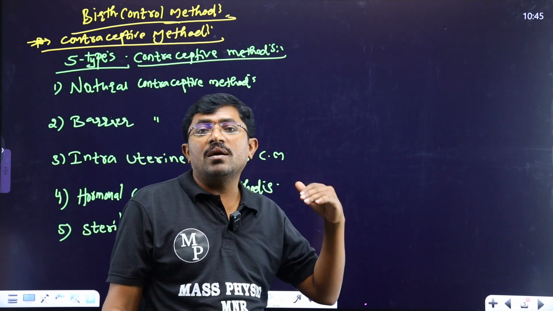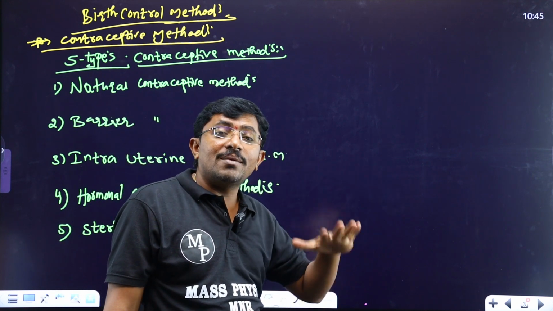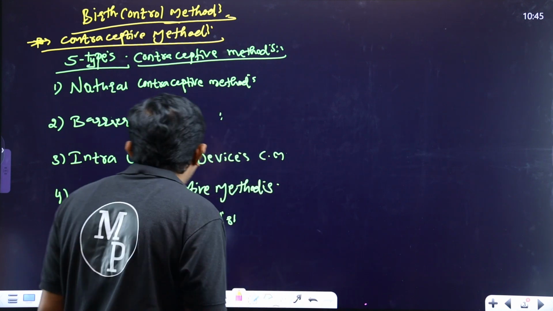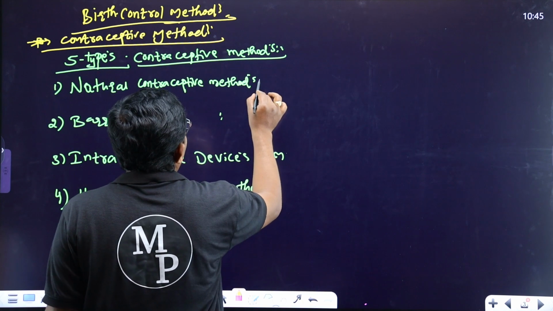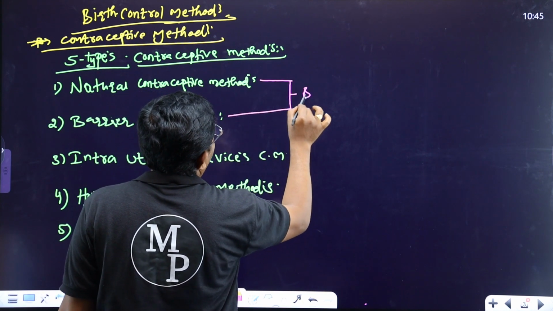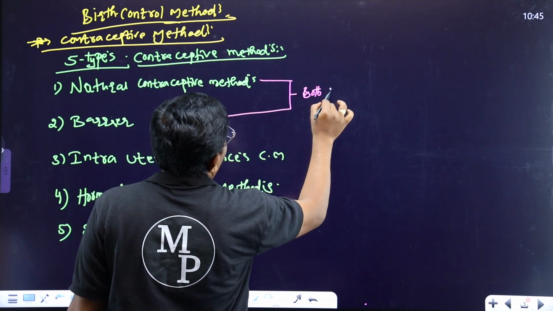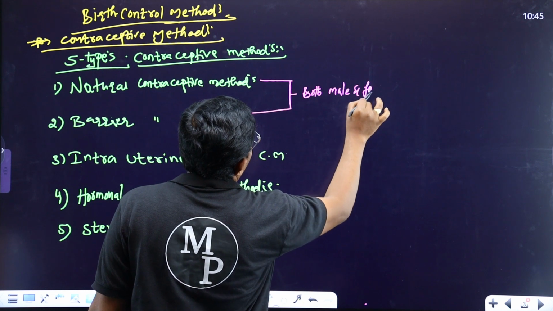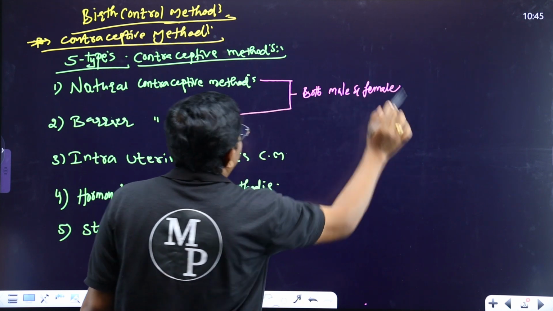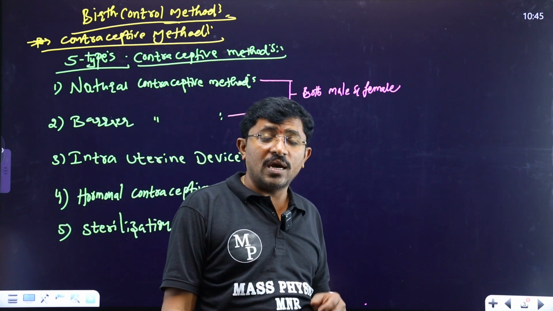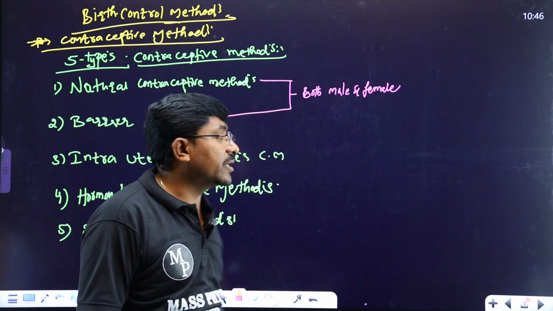Some methods are used by both male and female, and some methods are only used by females. Natural contraceptive methods and barrier methods are used by both male and female, who follow these methods to delay conception or give a gap between two children.